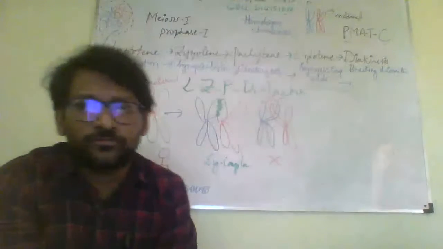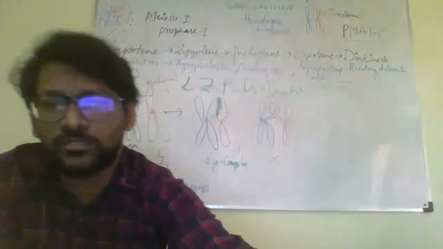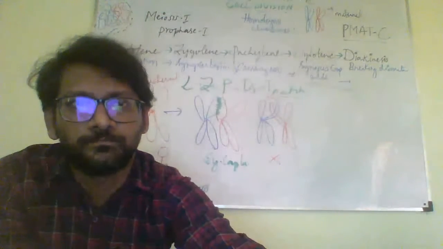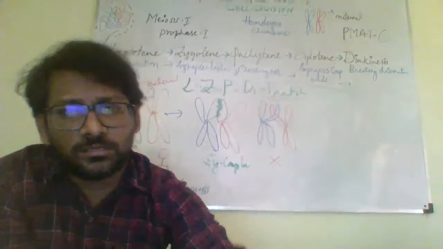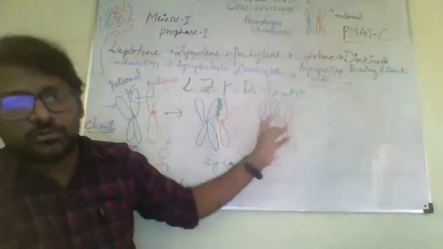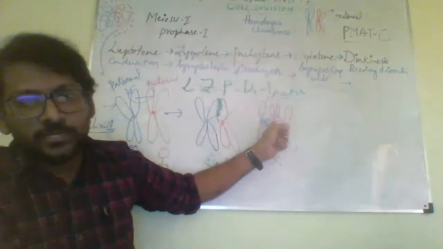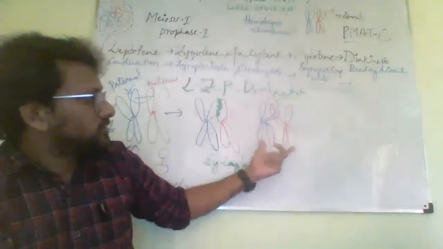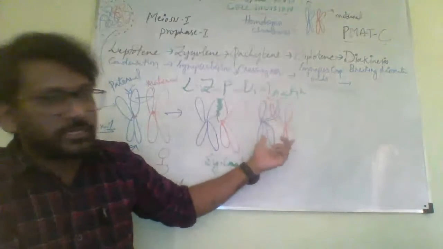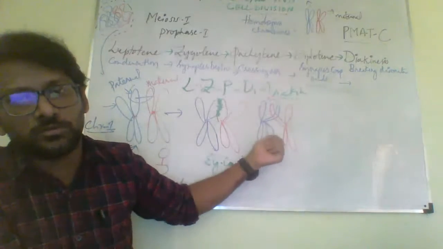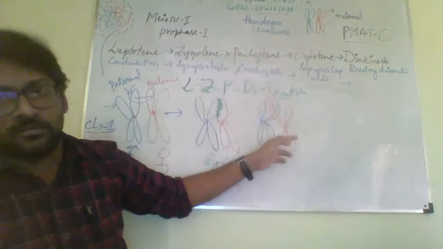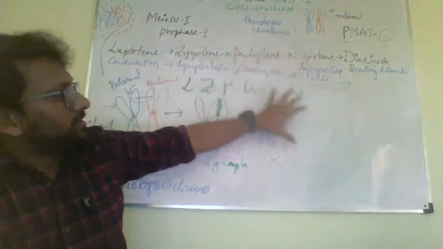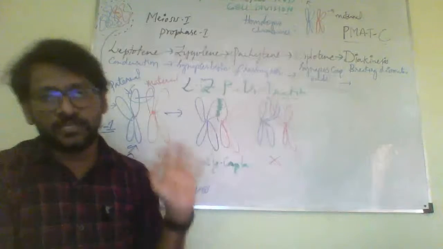And then next you will find the chiasmata formation, right? Once the crossing over leads to recombination of the genetic material of these two chromosomes, the recombination between these homologous chromosomes will be completed by the end of the pachytene. So once the pachytene is done, this exchange of genetic material has taken place.